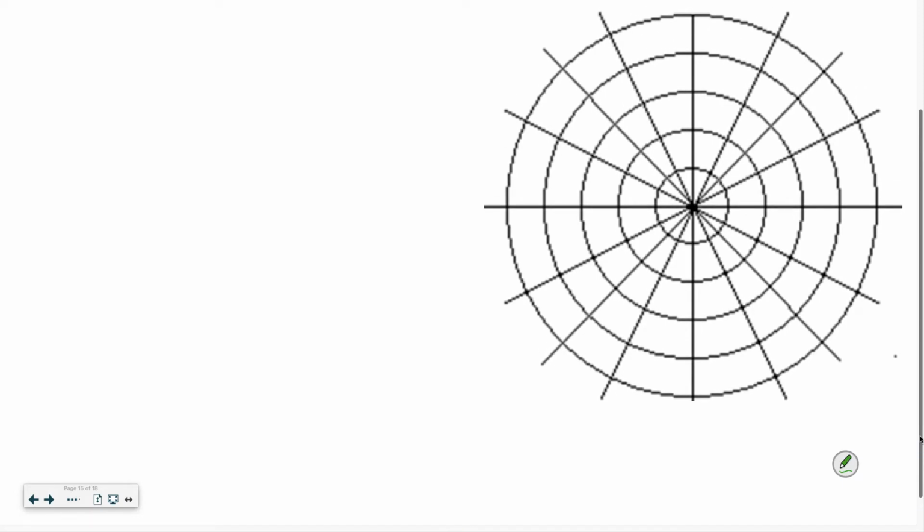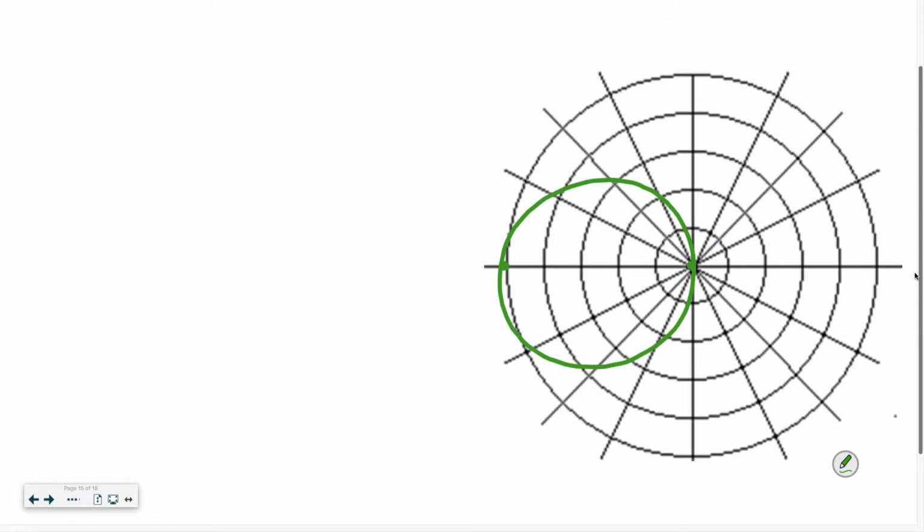Okay. For a circle, negative sine would mean it's below the pole.